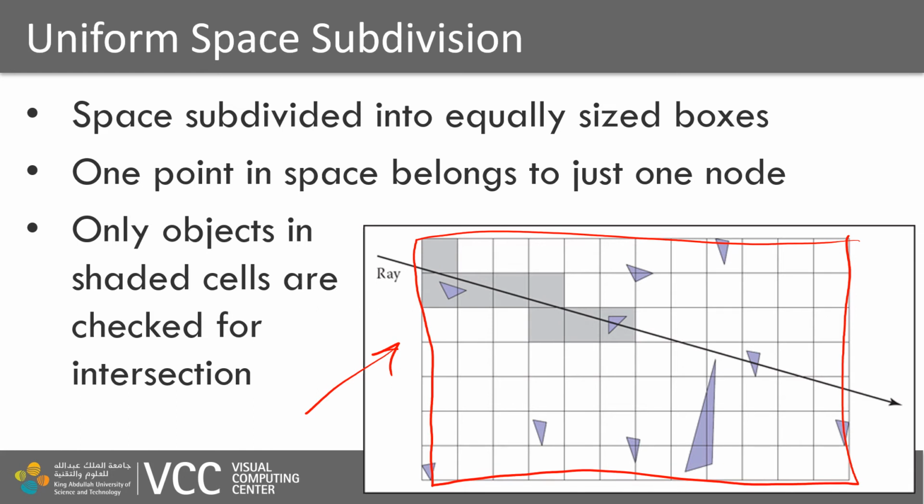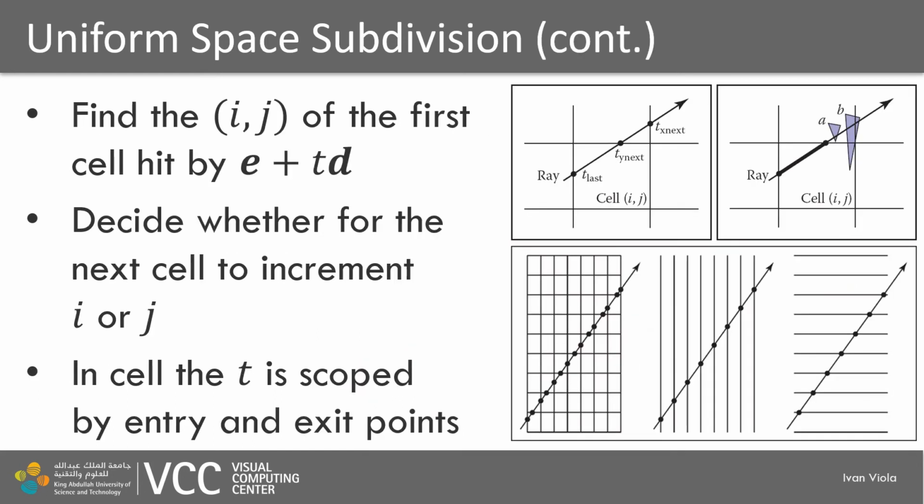So how do we proceed with the uniform space subdivision? Well, we can see that for a particular ray and for a particular subdivision scheme, there are a lot of intersections with our cells. And these intersections, at first glance, do not look very well organized.